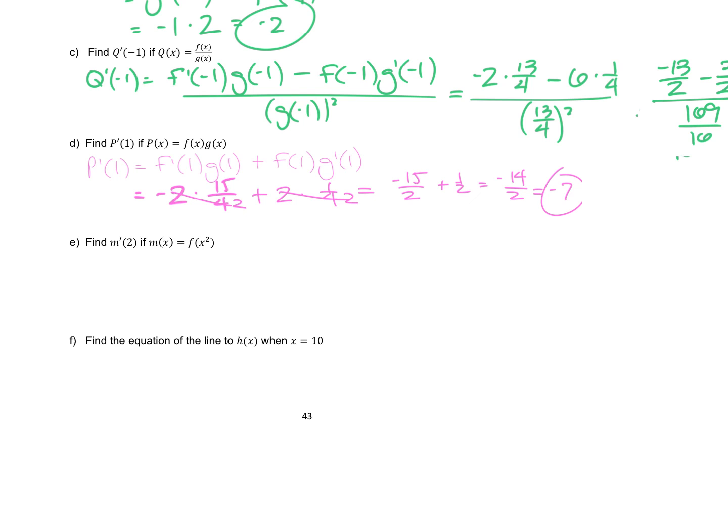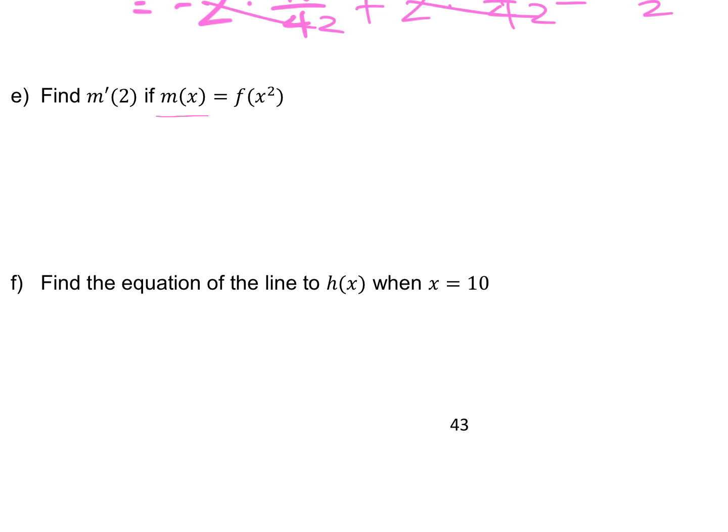Okay? Now, all the other ones, I went directly to the rule and plugged in the x value. I'll be honest on this one, my brain doesn't work like trying to plug in the x at the same time. So I went to derivative first and then plugged in x second on this one. So if I want to find the derivative of this, m prime of x is equal to, the chain rule would say I first take the derivative of the outside function.